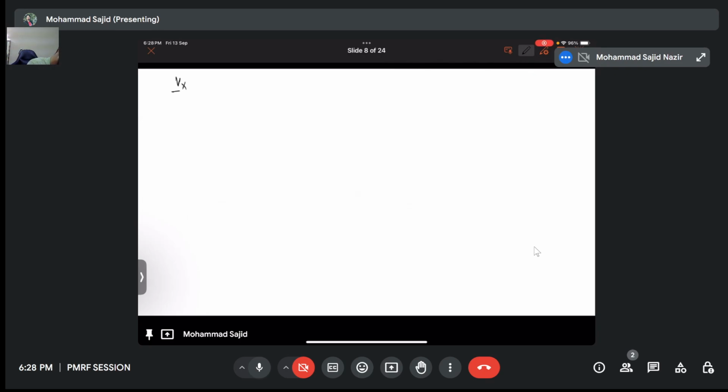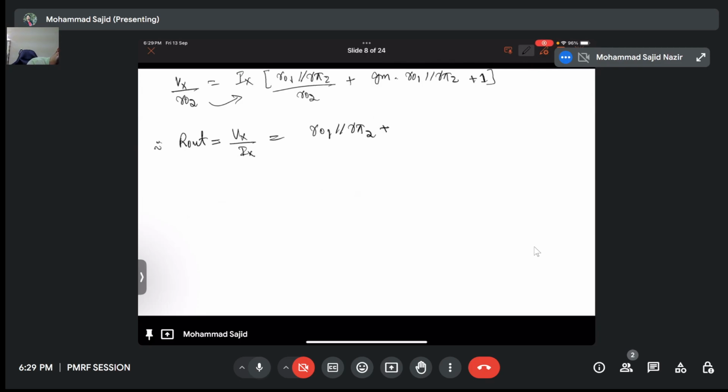We get, therefore, Rout will be given by Vx by Ix, which will be equivalent to r01 parallel rπ2 plus gm r02 multiplied by r01 parallel rπ2 plus r02.